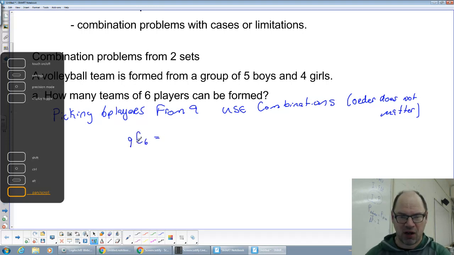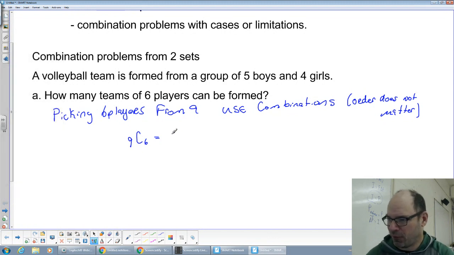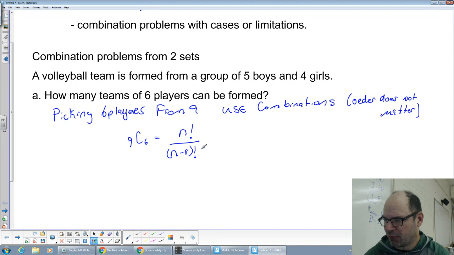If we remember the combination formula, let's write it out first. It's n factorial over n minus r factorial, and then we have the extra r factorial in there.